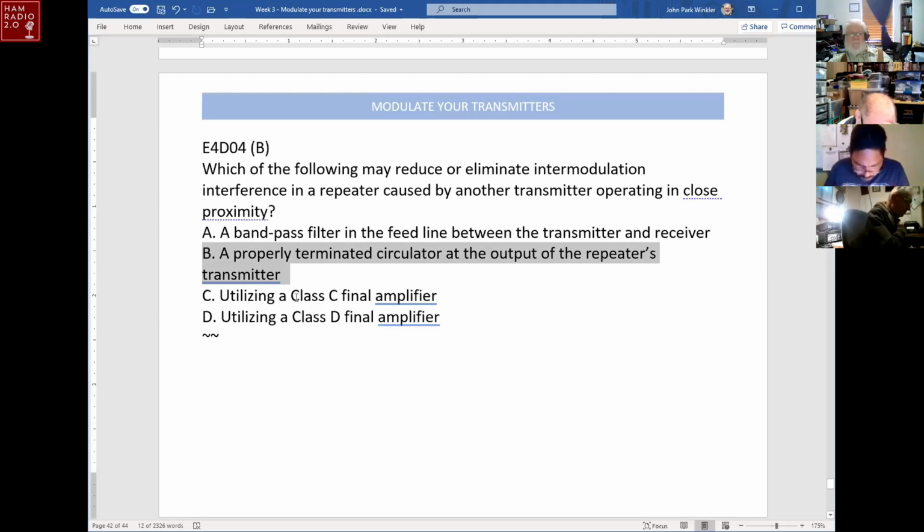Class C amplifier and Class D amplifier are amplifiers where the output signal is not a sine wave, and intermodulation from those could be horrendous.